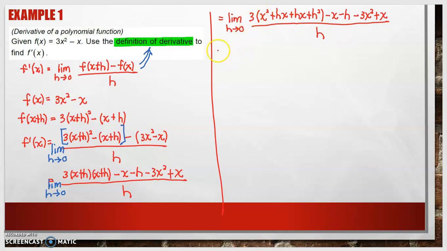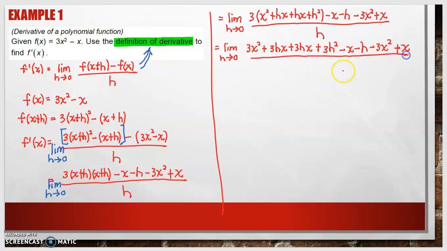Then I expand the 3, so the limit as h approaches 0 of 3 times x squared, 3x squared, plus 3 times hx, 3hx, plus 3 times h squared, 3h squared, minus x minus h minus 3x squared plus x over h.